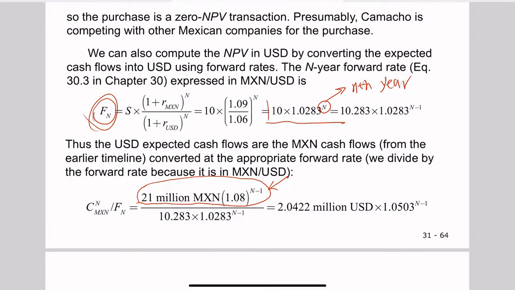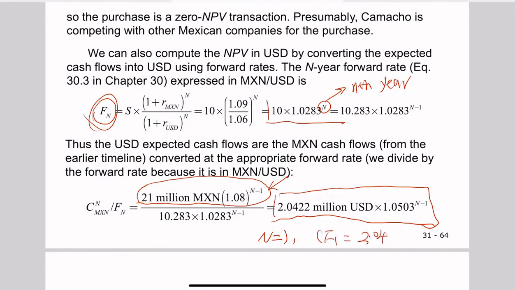And you will have a formula looking like this. So this basically means that for the first year, if n equals 1, cash flow would be 2.0422. And just from this, you can also see that the cash flow increases at almost 5%.